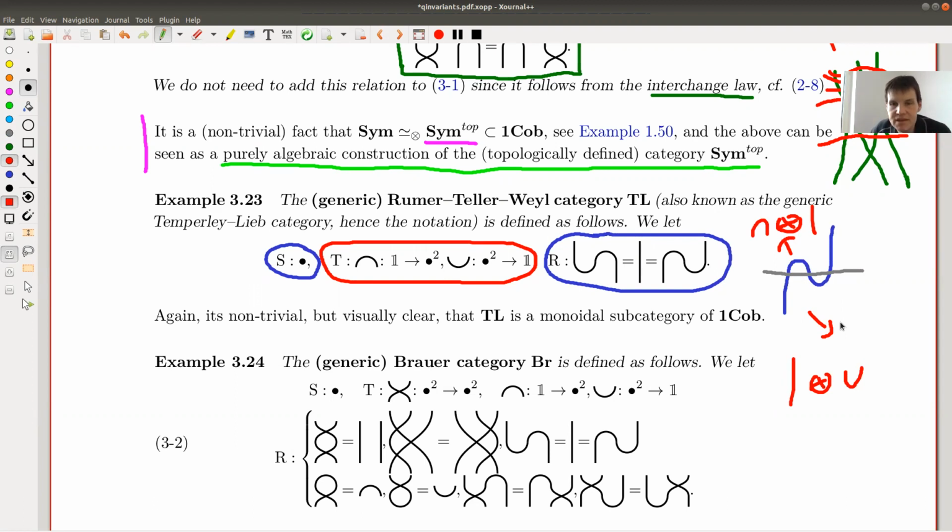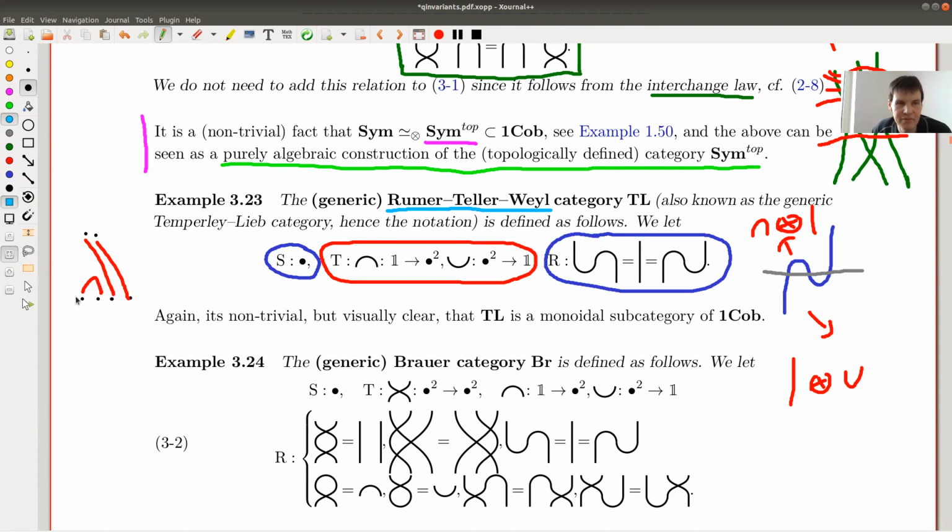Okay, and you get a category of diagrams of the form. Well, you have a certain number of dots at the bottom, you have a certain number of dots at the top, and you can do something like this, for example. And it's usually called something like the Temperley-Lieb category. Also, it goes back to those three guys, so I sometimes also call it the Rumatella category. It's pretty easy.